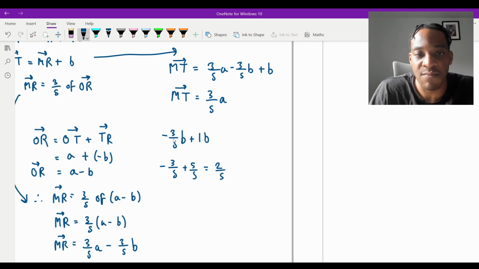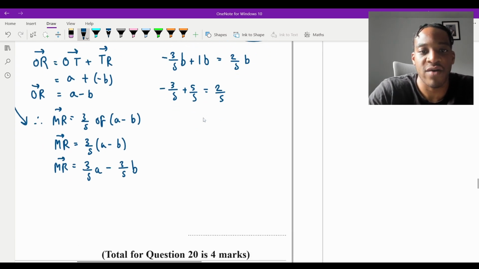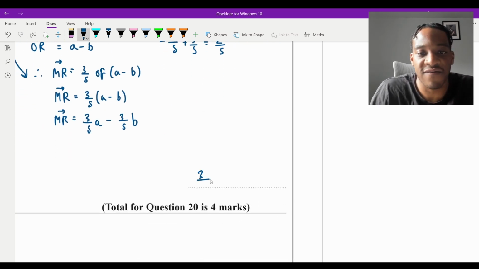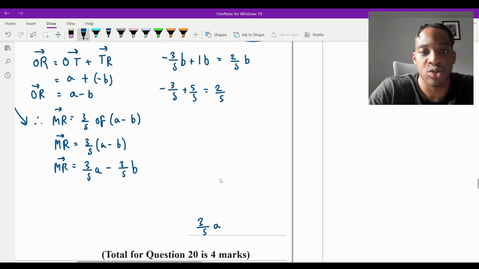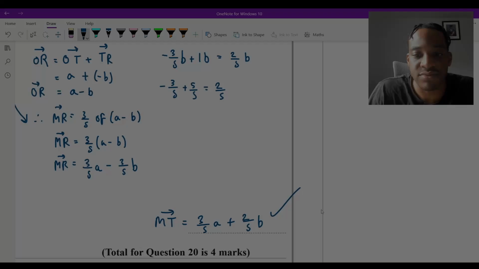So we can actually say that the minus 3/5 B plus 1B, which is the same as 5/5, is just the same as 2/5 B. Meaning that this here is just going to be a 2/5 B on the end. And that will be your final answer here. So the vector M to T is just going to be 3/5 A plus 2/5 B. And that's it. And that will give you the 4 marks.